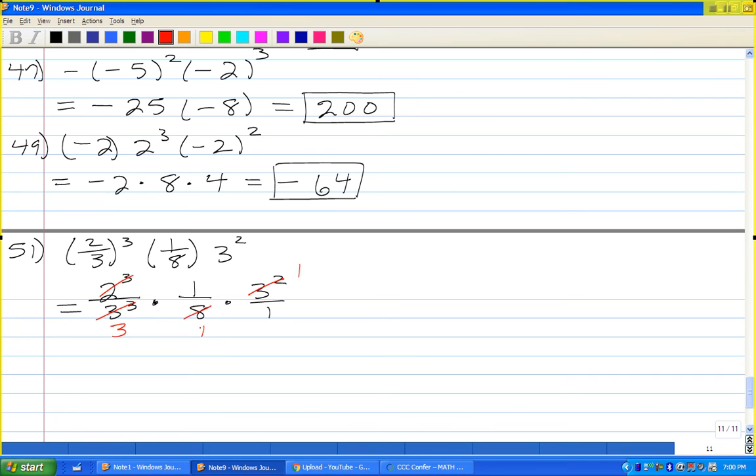Divided by 8 is 1. And so this is equal to 1 over 3.